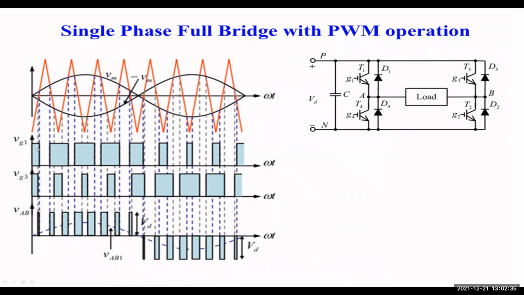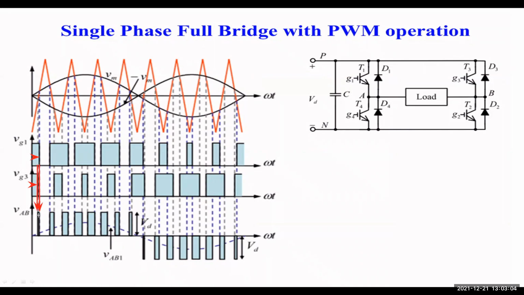The difference between these two is this. It is a small difference. The width of VG1 is somewhat higher than the width of VG3.